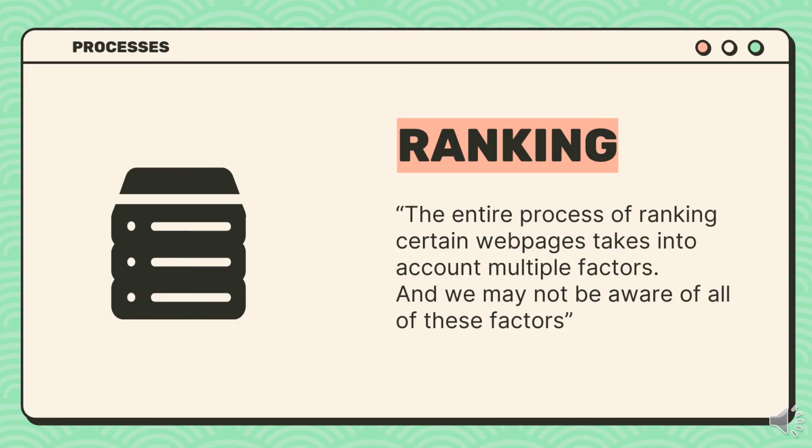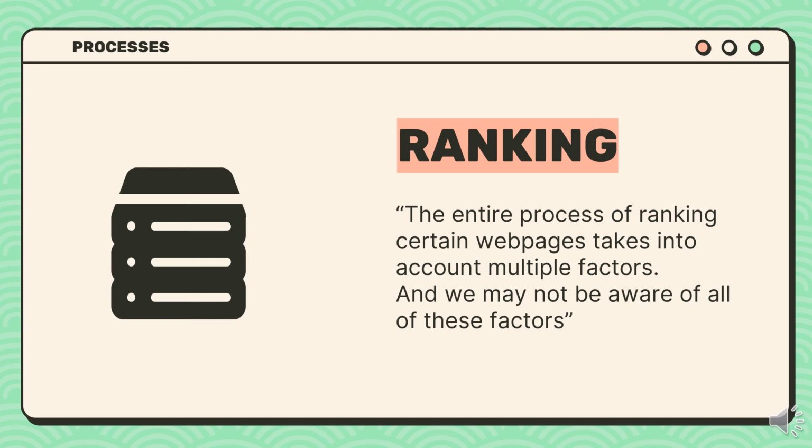Now, the entire process of ranking is kind of unknown. What I mean by this is the entire process of ranking certain web pages takes into account multiple factors. And we may not be aware of all of these factors. But the one common thing to consider is ensuring that your content is unique.